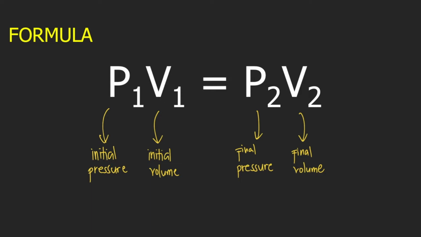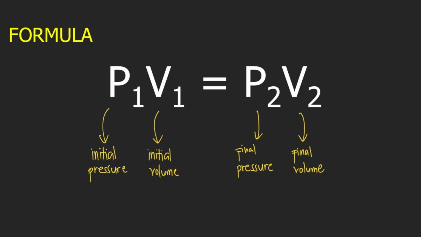Also, I want you to take note that the formula for Boyle's law is not strict in terms of unit. So you can use any unit of pressure you like or any unit of volume you like as long as you are consistent in using that unit. What do I mean by consistent? If you use, for example, atmosphere as the unit for P1, make sure that you are also using atmosphere as the unit for P2.